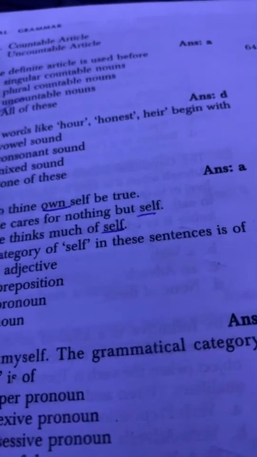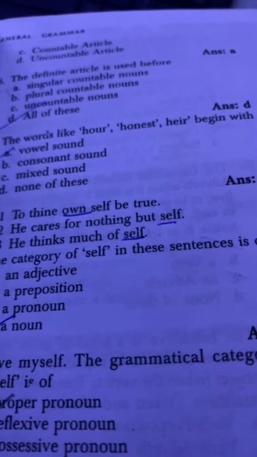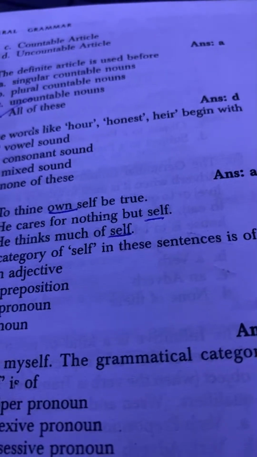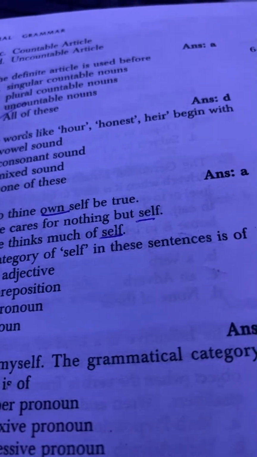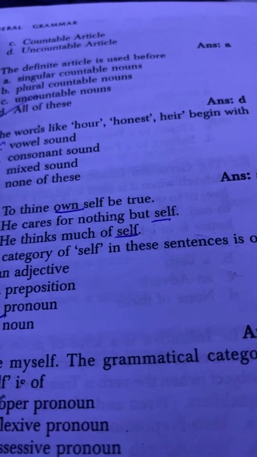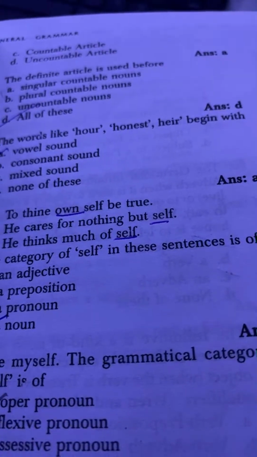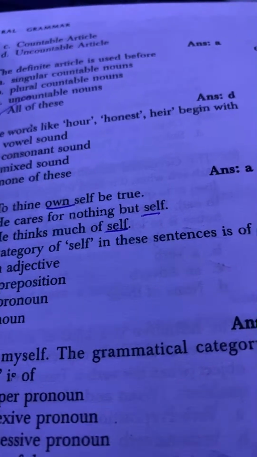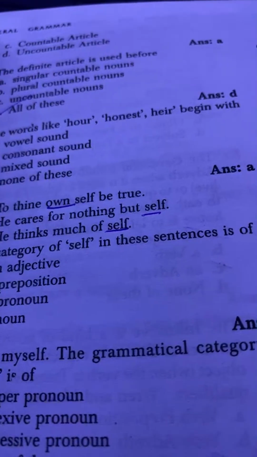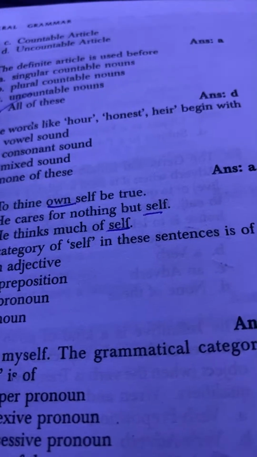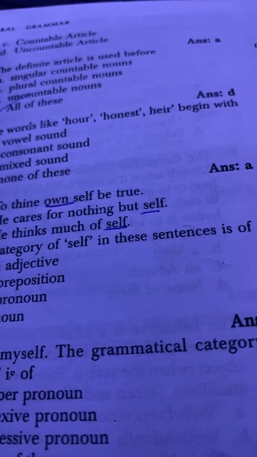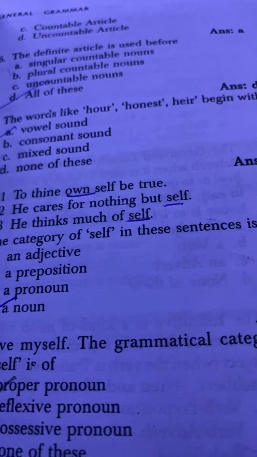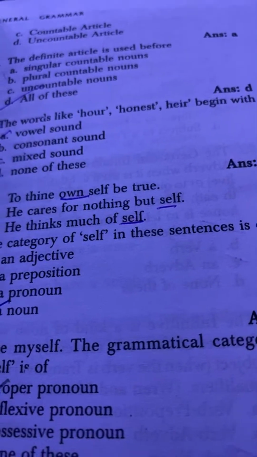So we can use it before a singular countable noun, we can use it before a plural countable noun, we can use it before uncountable noun. So option D is your correct. The words like hour, honest, air begin with a vowel sound. Okay, and we put an: an hour, an honest man, an air. So these words begin with a vowel sound.